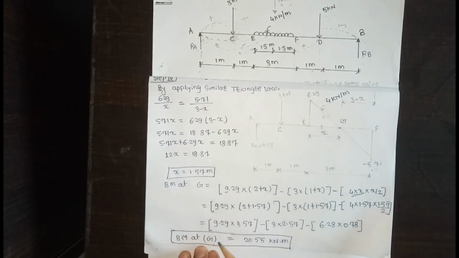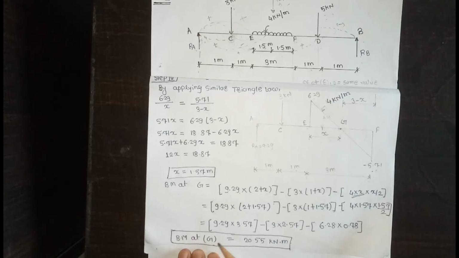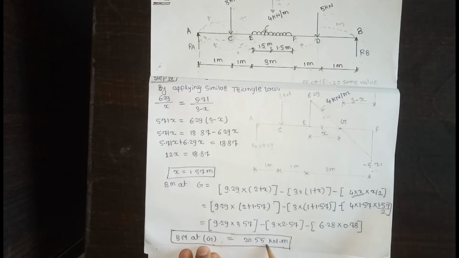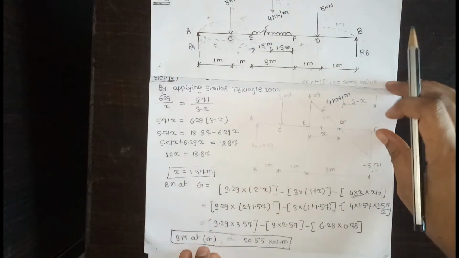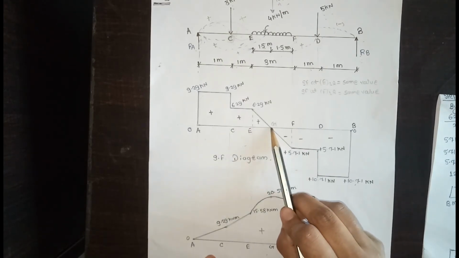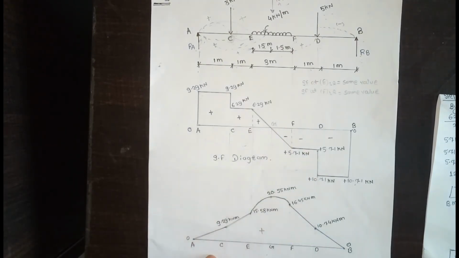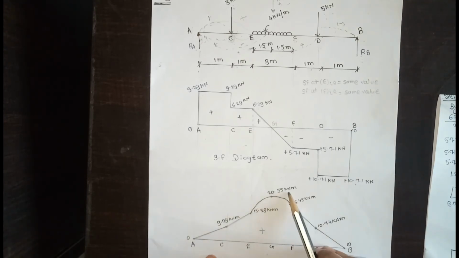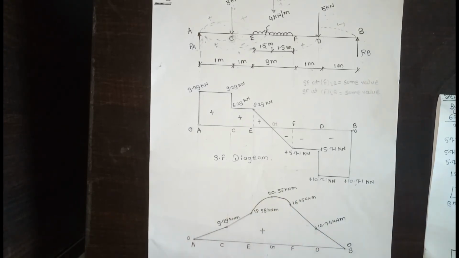Then we get the bending moment at G is equal to 20.55 kilonewton meter. This diagram shows that the bending moment at point G is 20.55 kilonewton meter.